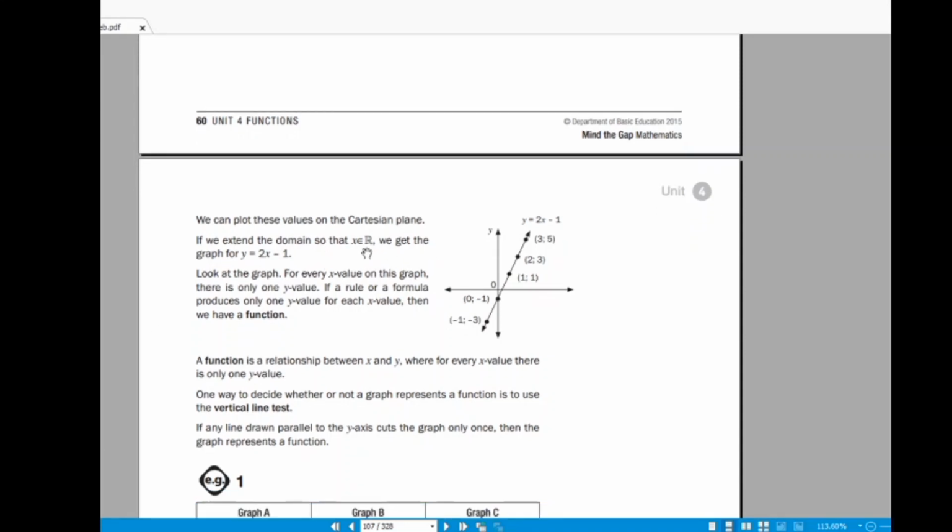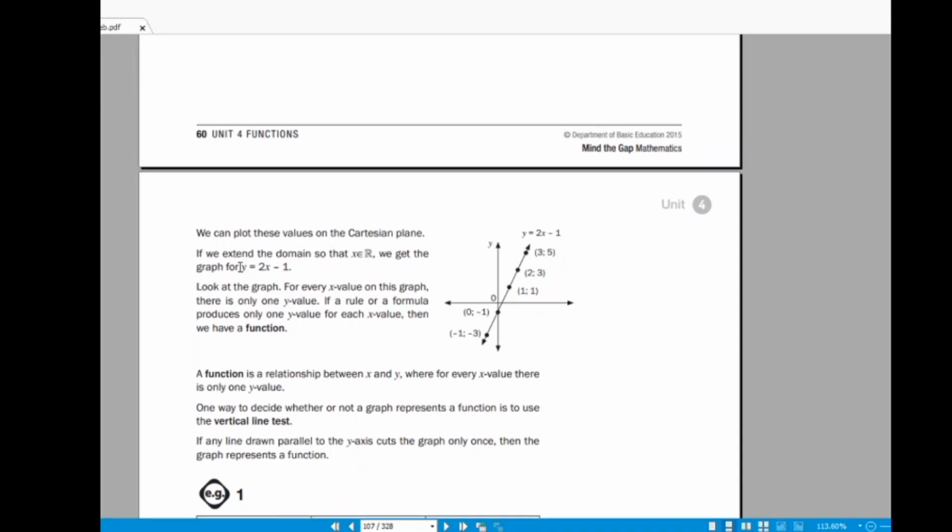Looking at the graph, for every x value on this graph, there is only one y value, right? For every x value there is only one y value.